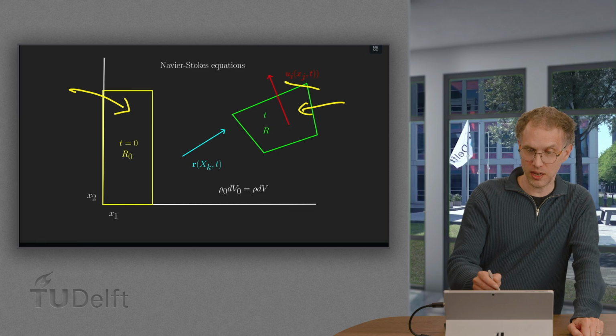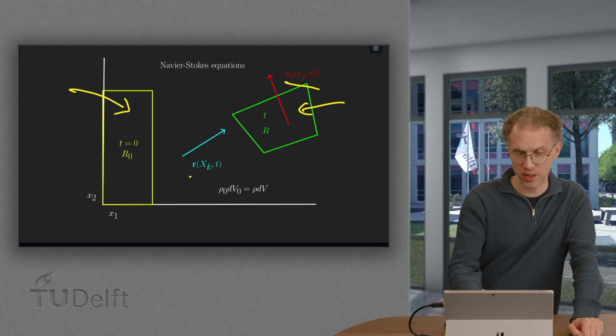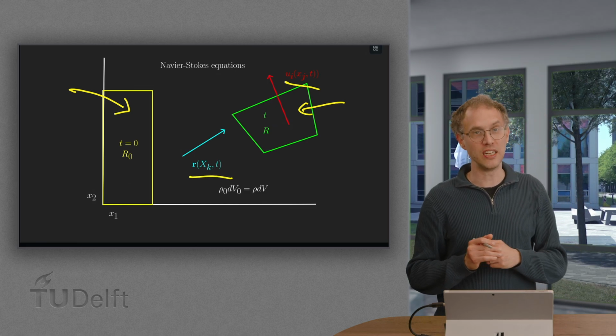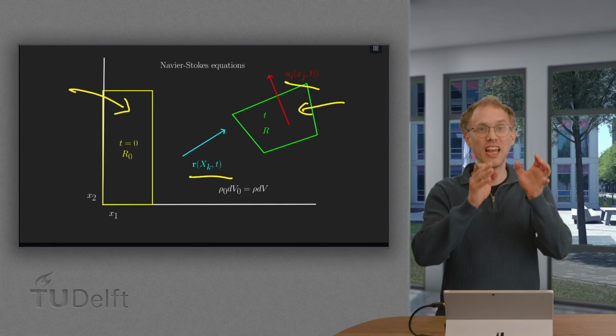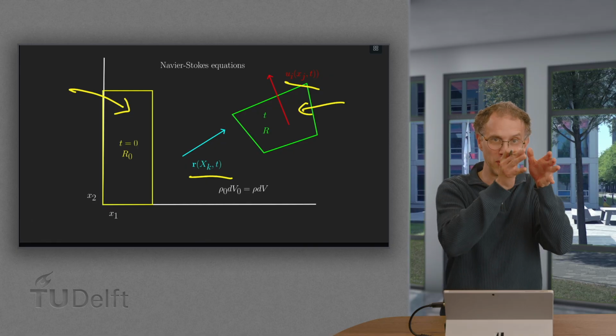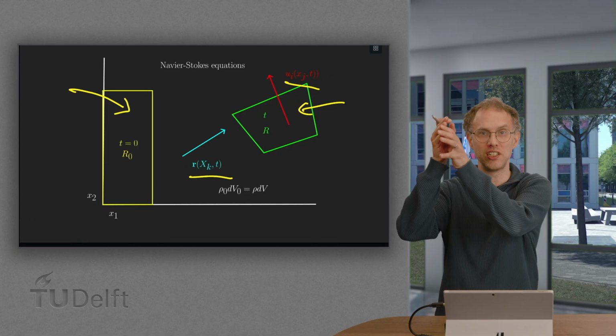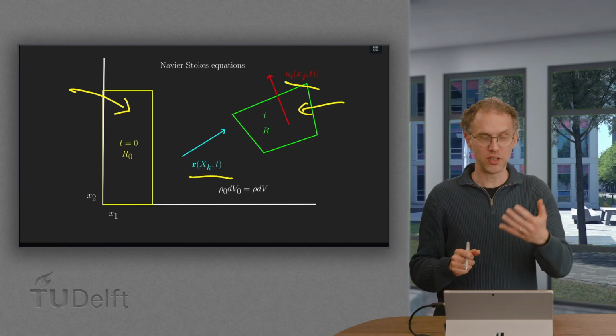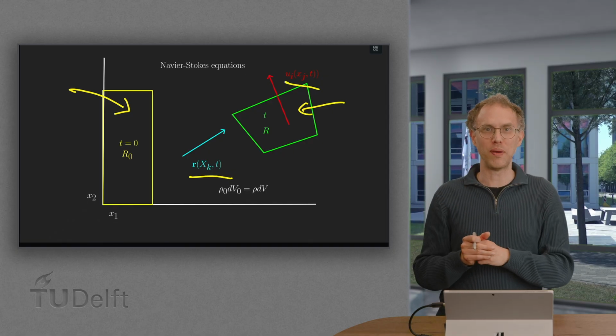And in between there is some mapping r of x_k, t, a mapping that tells us if our blob is initially at time 0 here, then at time t it is over there.